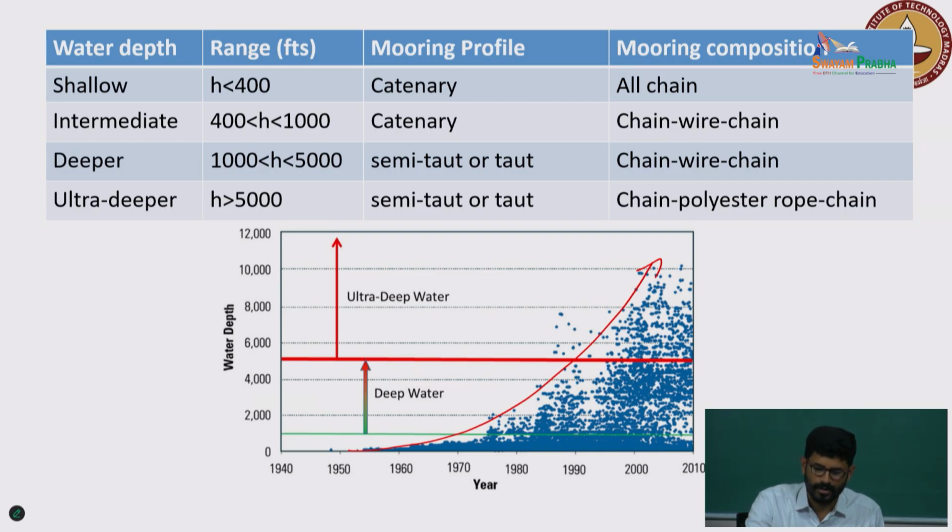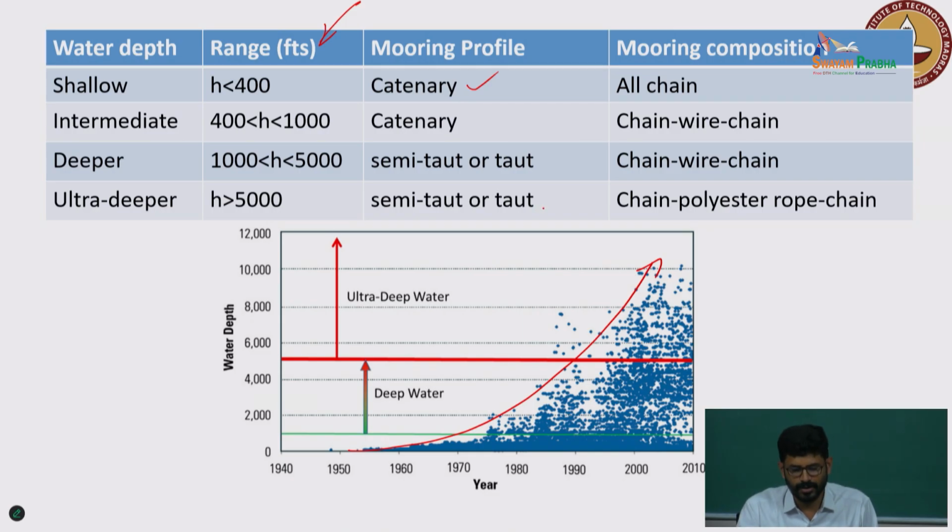Anyway, this is for people who don't have an ocean engineering background. Generally they say shallow is less than 400 feet, so in meters that is around 130, right, 100 plus. So here you can see that for shallow you can choose a catenary, whereas for intermediate there is always a transition from catenary to taut mooring, correct?